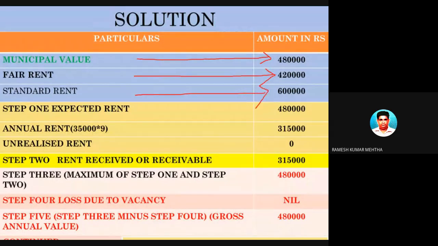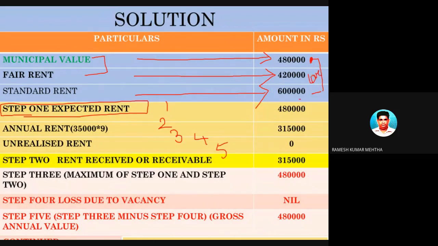Here the normal steps are followed: step 1, step 2, step 3, step 4, and step 5. The first step is expected rent. Municipal value versus fair rent, whichever is highest, is 4,80,000 rupees. Compare this with 6 lakhs, and among them whichever is lower, which is 4,80,000 rupees.